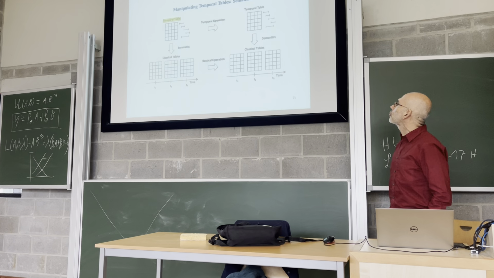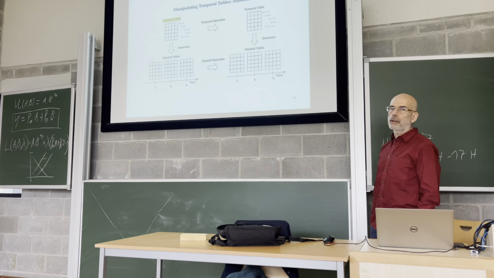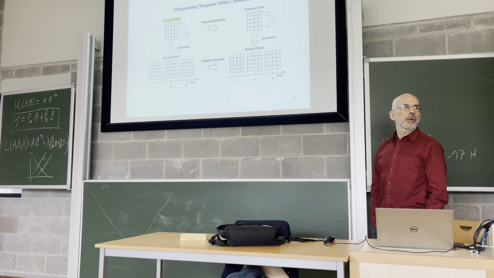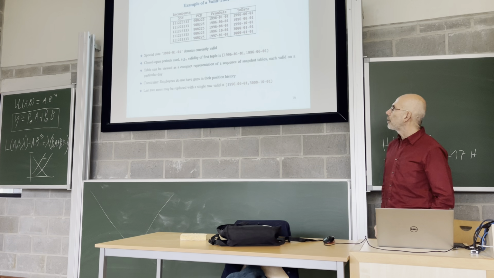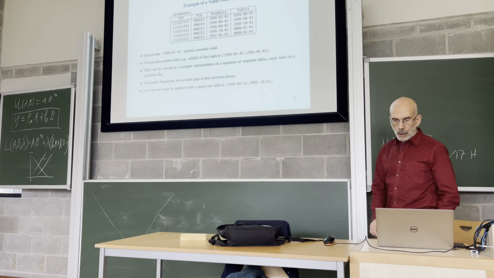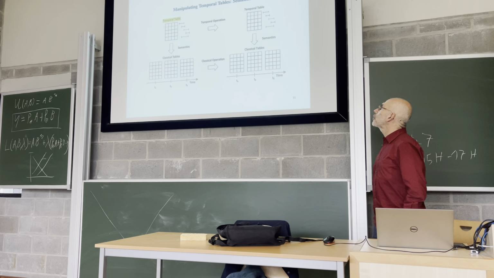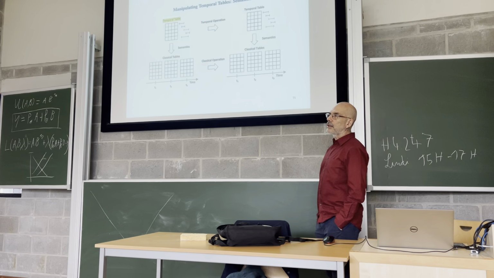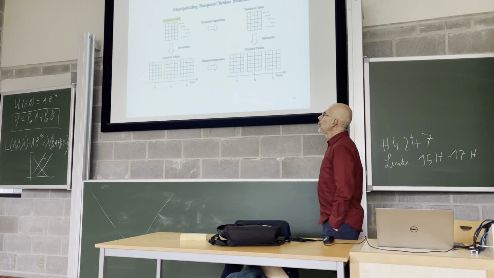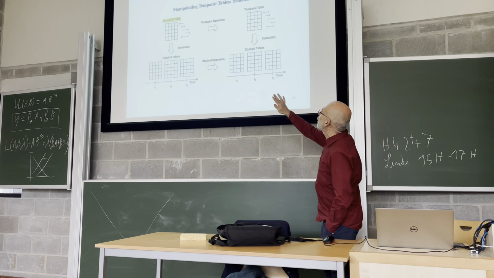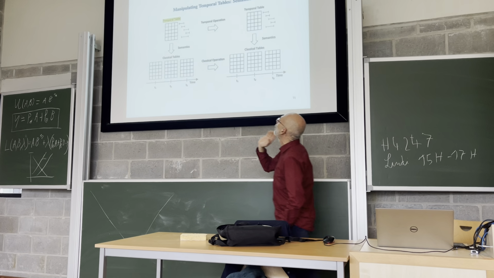These are the periods during which this row was valid. Okay, this is what we are storing in this table. Of course, we need to understand what is the semantics of this table. One possible way to understand the semantics is to have this kind of commutative diagram.